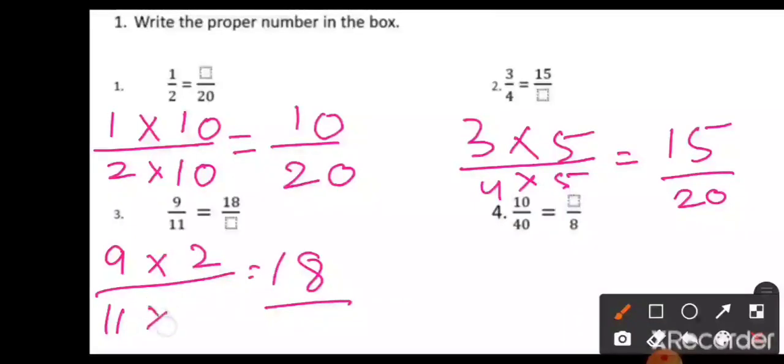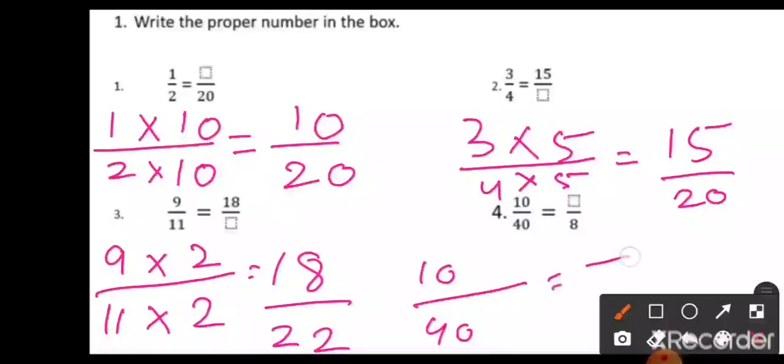If you multiply the numerator, then you have to multiply the denominator with the same number. 11 twos are 22. Question number 4. 10 upon 40 is equal to dash upon 8.